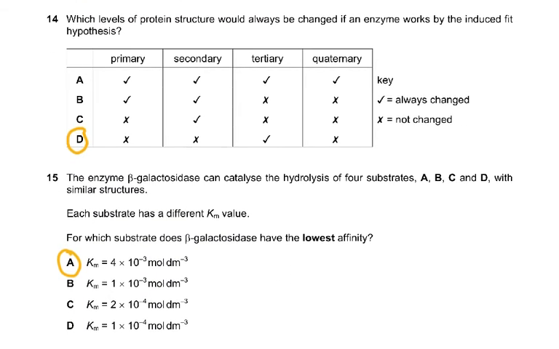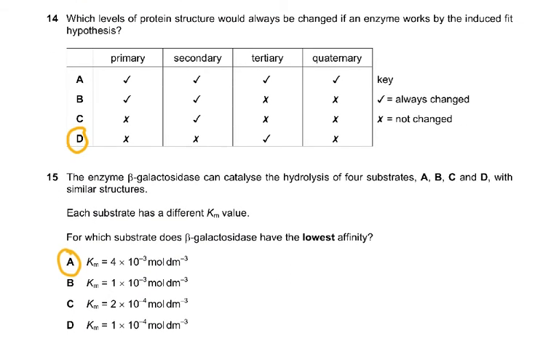Then coming to question 14, which levels of protein structure would always be changed if an enzyme works by the induced fit hypothesis? Would always be changed. So what we have to understand is, what is the induced fit hypothesis?